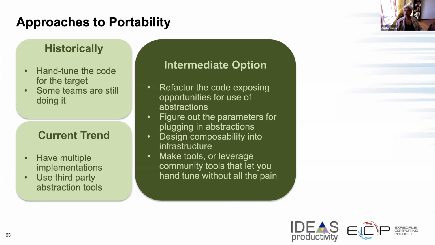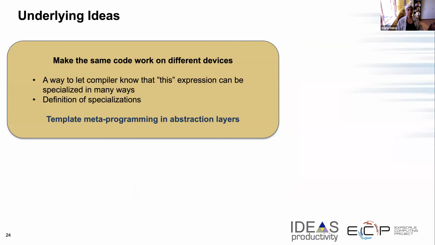So instead of having an all-in-one magic compiler or a magic code transformer or a magic abstraction tool solution, you work towards refactoring your code so that quite a bit of the hand tuning for specific platforms is automated and lets you do it quickly and more productively.